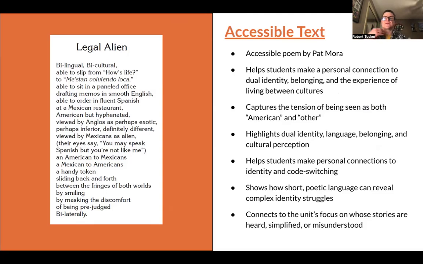I also think this is a great opportunity to show how short poetic language can reveal complex identity struggles. Poetry can be a doorway into really complex themes and ideas, but it's presented so simply. Again, this would connect to the unit's focus on whose stories are heard, simplified, or misunderstood.